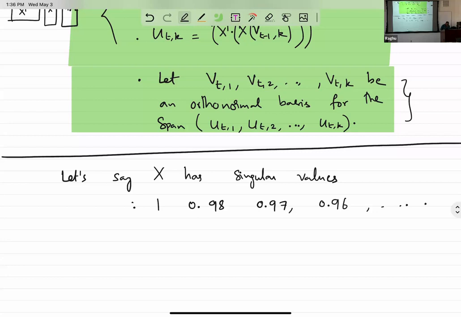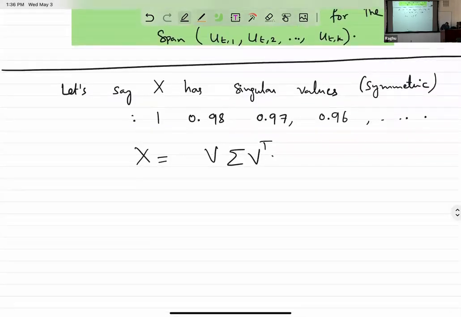And X is symmetric, so we can write it as X equals V sigma V transpose, meaning U and V are the same. So the singular value decomposition is extra nice. It's V, and then you have the singular values, which are 1, 0.98, 0.97, and so on.